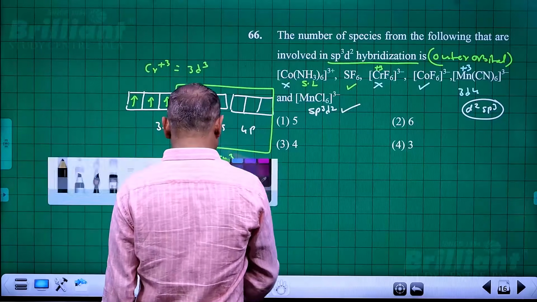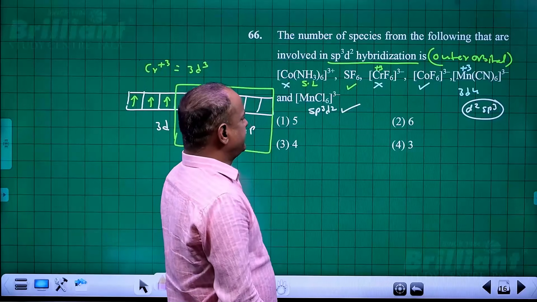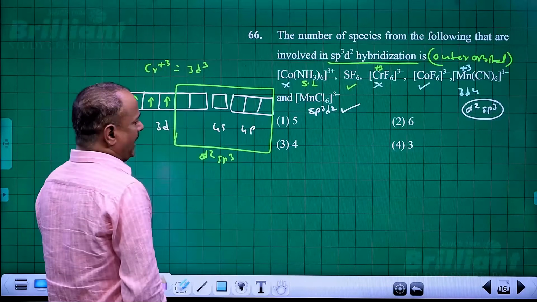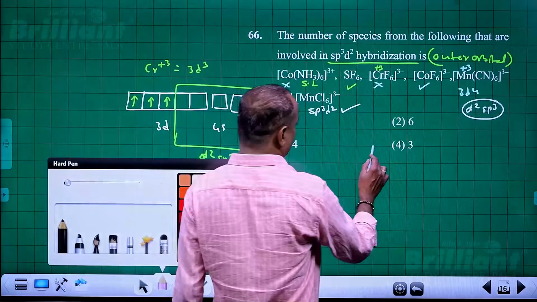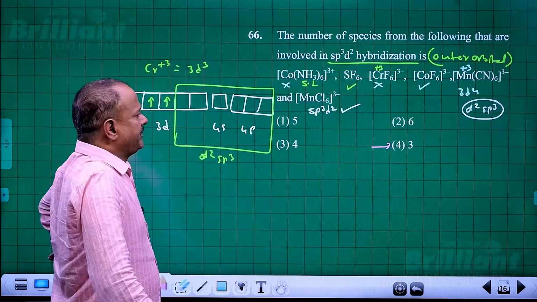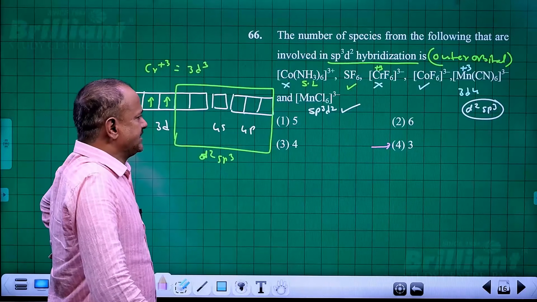So, how many compounds? SF6 correct, CoF6 correct, MnCl6 correct. Option 4: 3 compounds, SF6, CoF6, MnCl6.